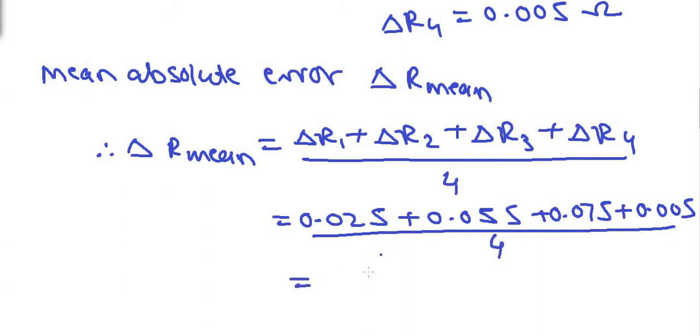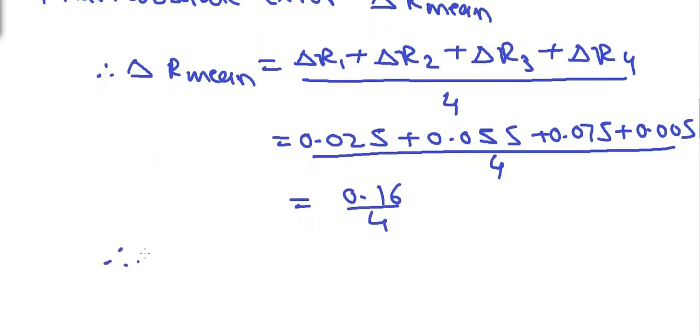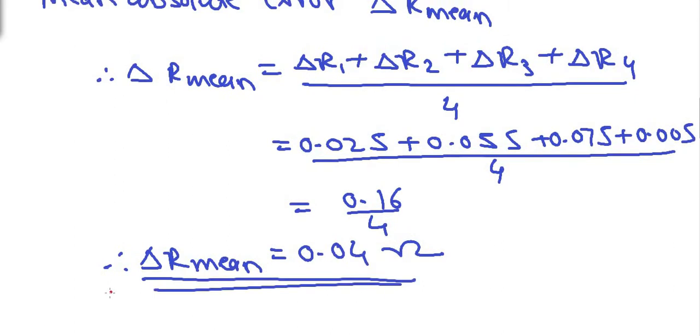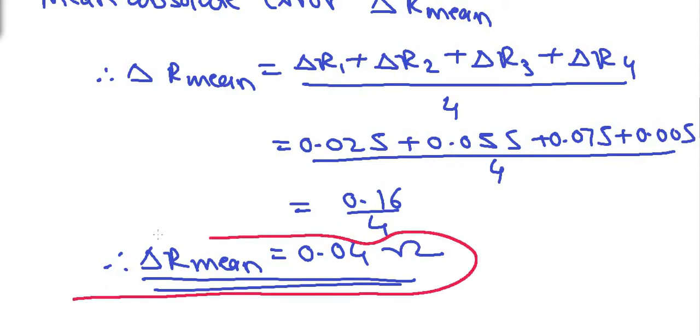The addition of the numerator is 0.16 divided by 4, and therefore we get delta R mean is equal to 0.04 ohm. So this is the mean absolute error in the measurement of resistance. Delta R mean equal to 0.04 ohm.